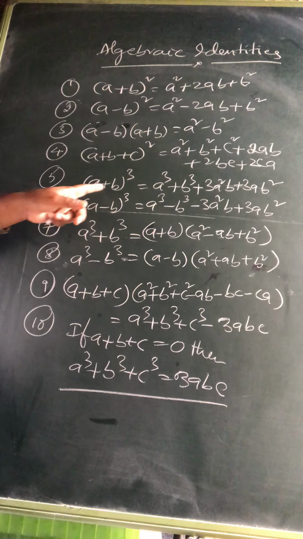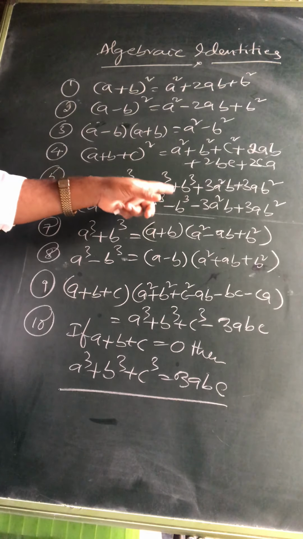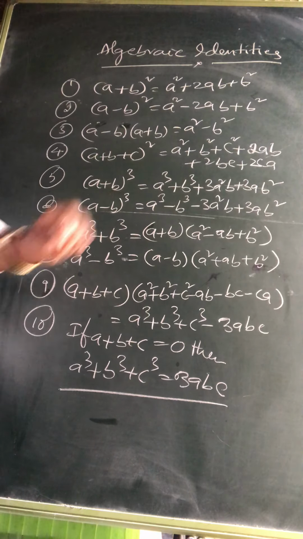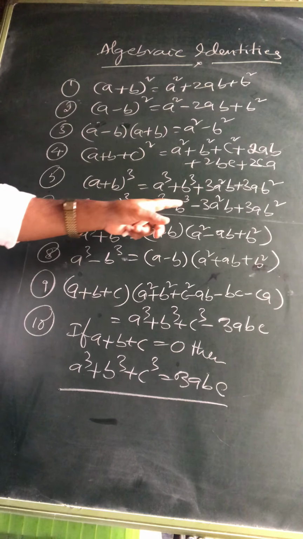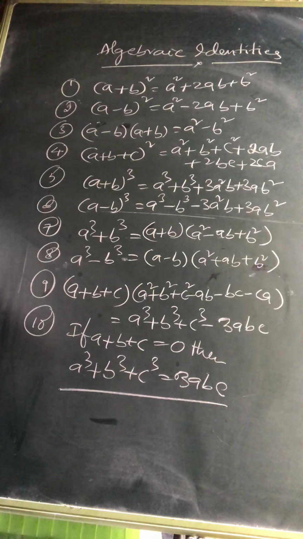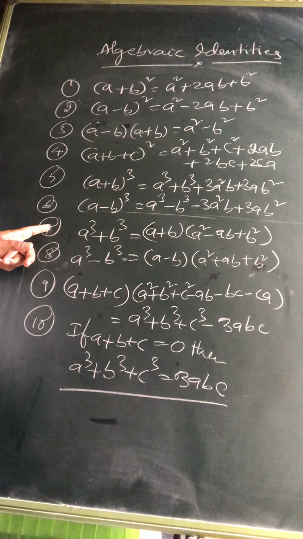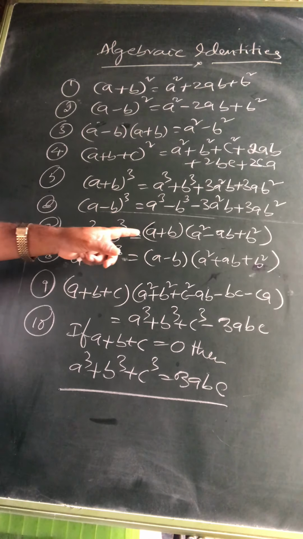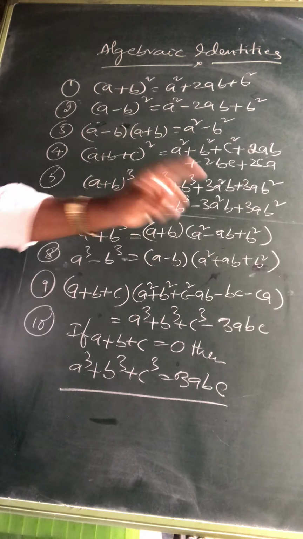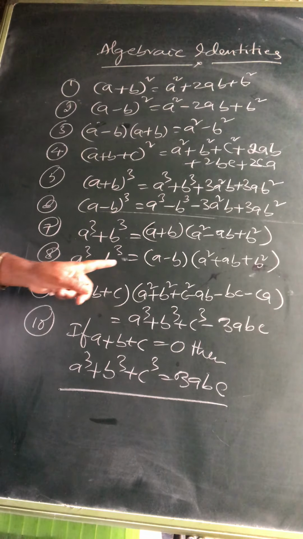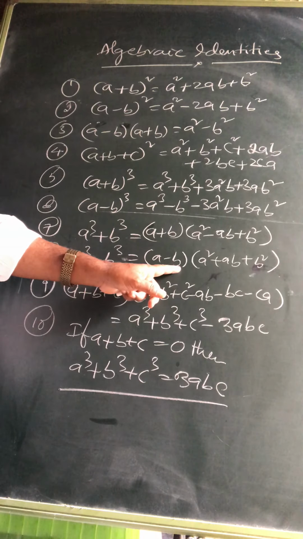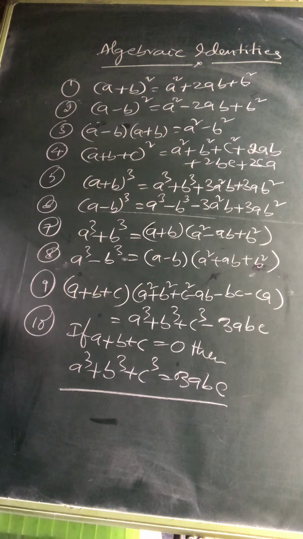Fifth one, (a + b) whole cube is equal to a cube plus b cube plus 3a square b plus 3ab square. (a - b) whole cube is equal to a cube minus b cube minus 3a square b plus 3ab square. Seventh, a cube plus b cube is equal to (a + b)(a square minus ab plus b square). Eighth one, a cube minus b cube is equal to (a - b)(a square plus ab plus b square).